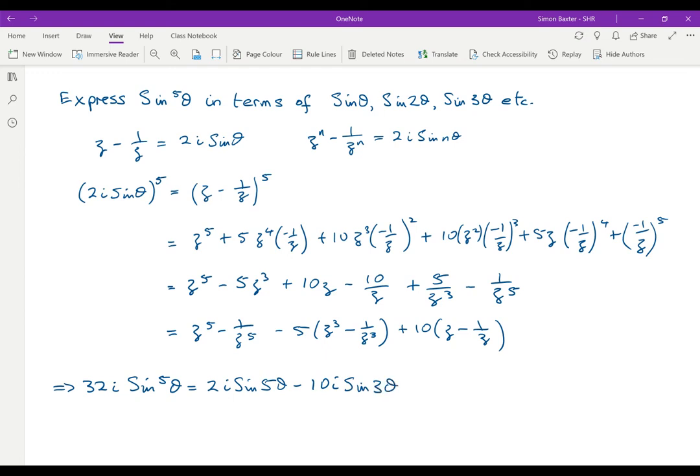And the last one is 2, so that's 20i sine theta. Divide both sides by i and it disappears, which is rather nice. Divide both sides by 32 and we get 1 over 16 sine 5 theta minus 5 over 16 sine 3 theta plus 5 over 8 sine theta.